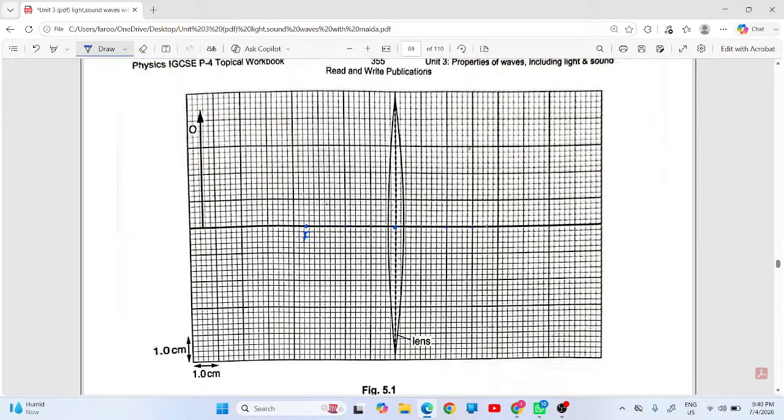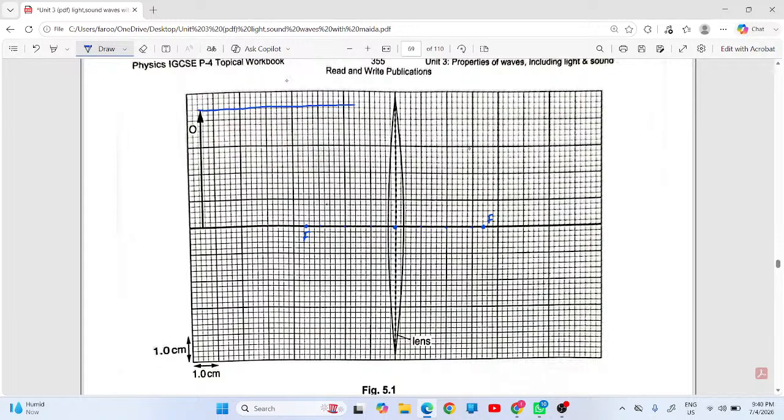So this is the focal length of this side. Same 1, 2, 3, and here. This is the focal length of the other side.